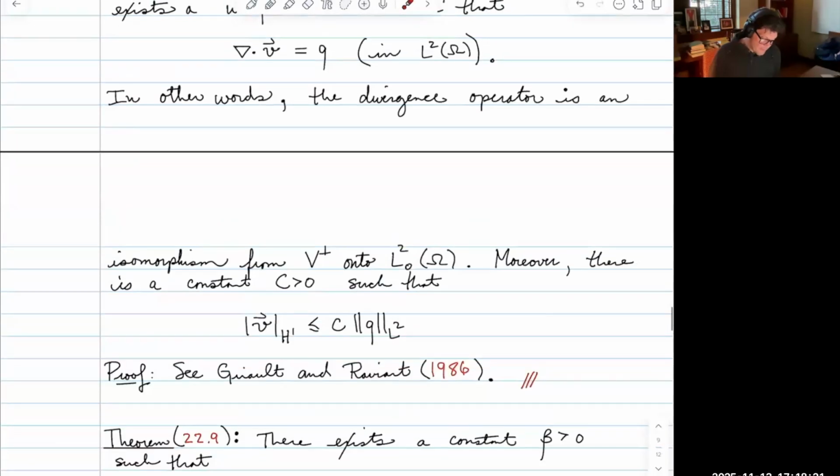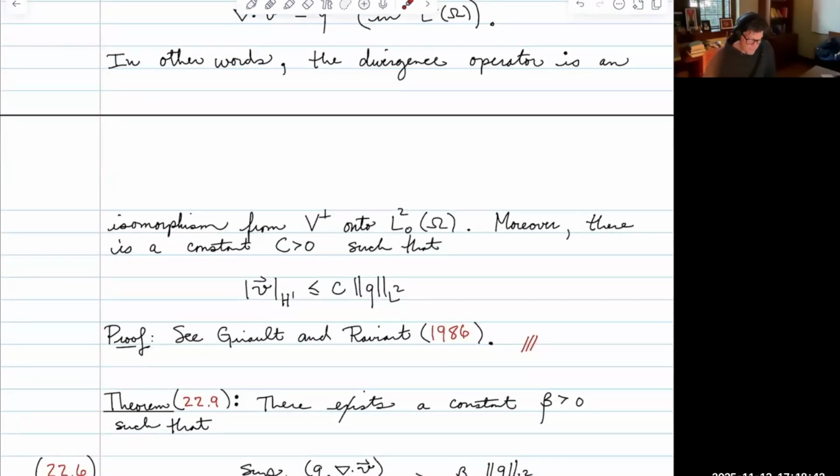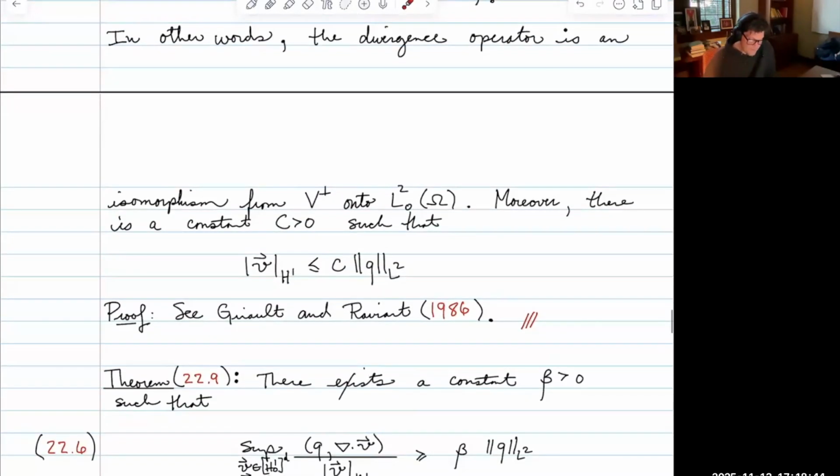Once we know that it exists, we also have an estimate which looks like this. There is some constant C, independent of q, such that the solution v in the H1 semi-norm is less than a constant times the L2 norm of q. That's a fairly important result.